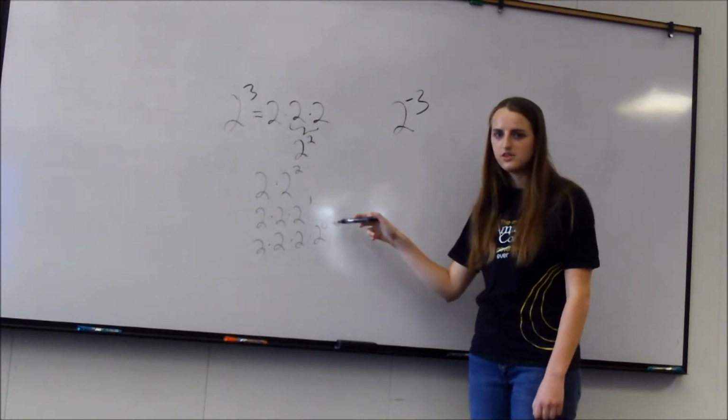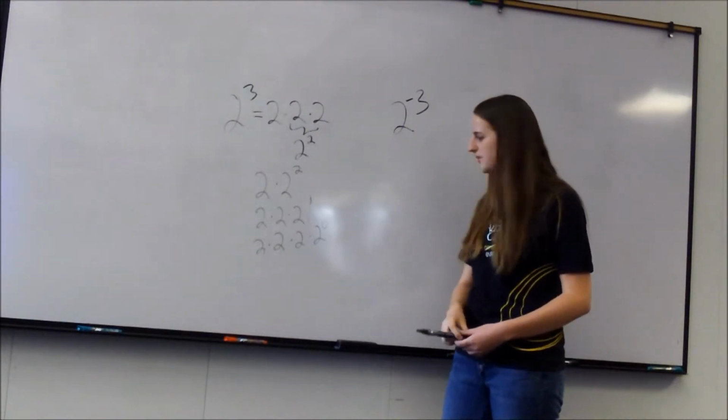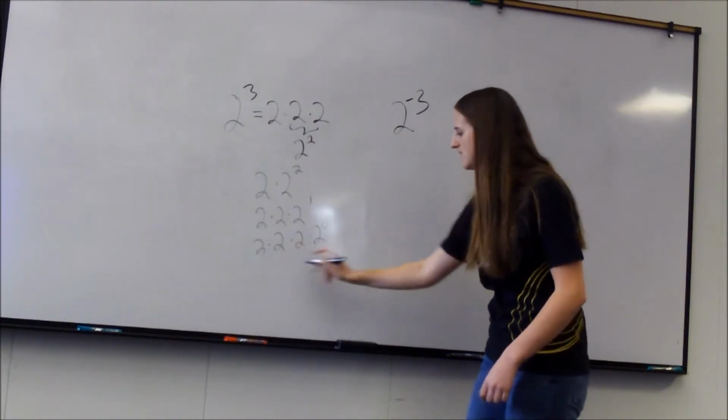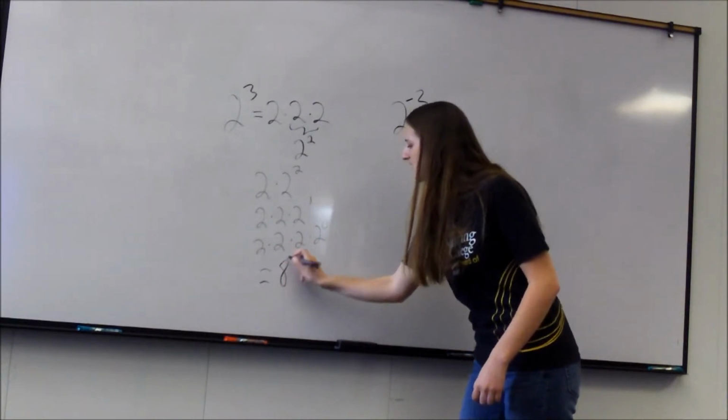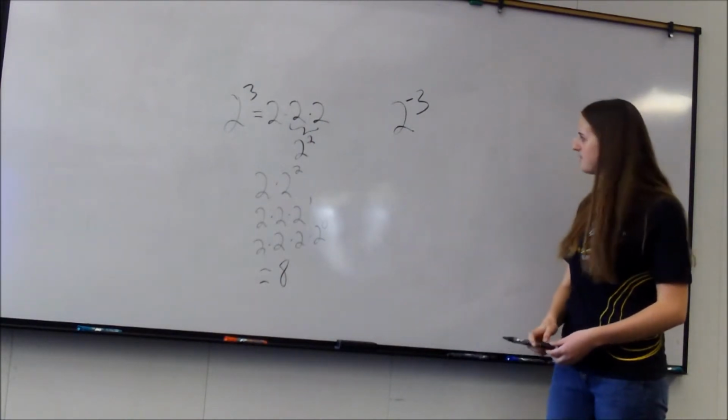And here, when we hit 2 to the 0, we know that we've hit our base case, because our base case is when power is 0. So we know that 2 to the third must be 8.